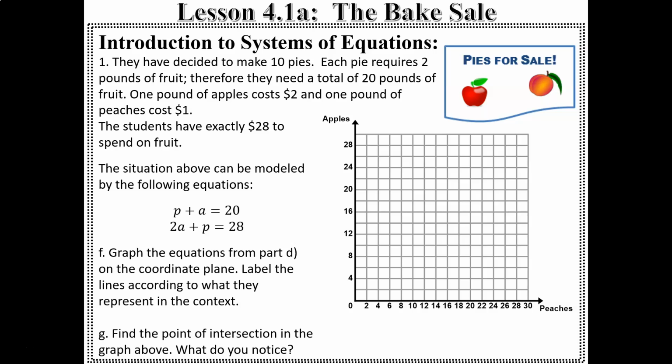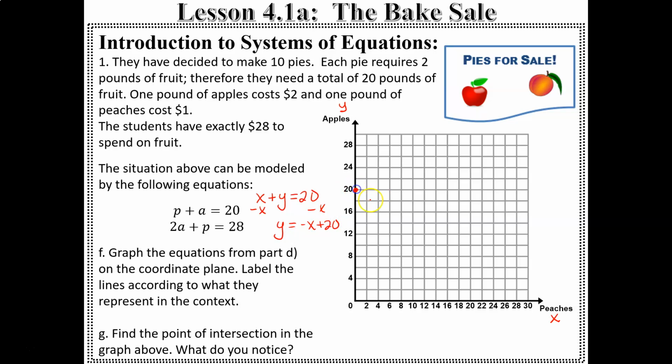Okay? So I am going to make the apples y and the peaches x. So let's change this to x plus y equals 20. Okay? So my peaches are x, my apples are y. Let's rearrange this so we can graph this. We're going to subtract the x, so we have y equals negative x plus 20.